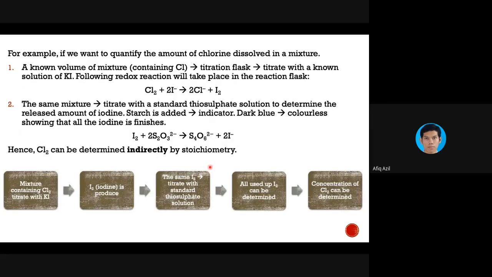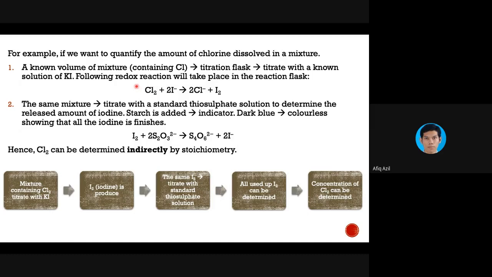Let's say you want to quantify the amount of chlorine dissolved in a mixture. By using iodometry, a known volume of the mixture that contains your chlorine is put into the titration flask. You titrate with a known solution of potassium iodide, KI.